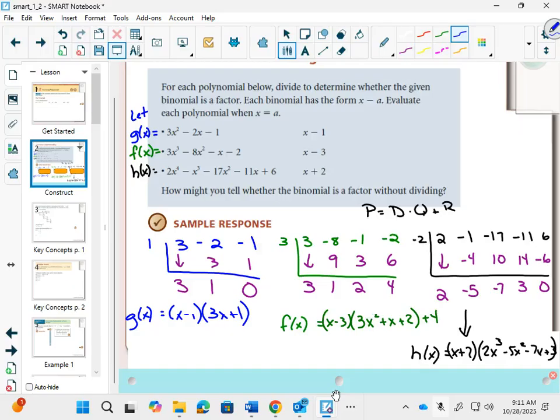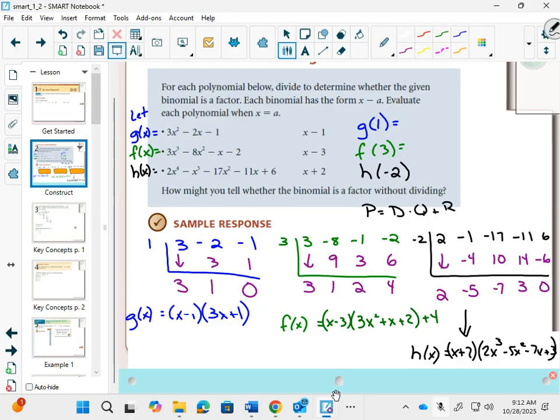So for the blue one, we were dividing by x minus 1. I want you to calculate what g of 1 is equal to. For the green one, we divided by x minus 3. I want you to calculate what f of 3 is equal to. And for the black one, h of x, we divided by x plus 2.